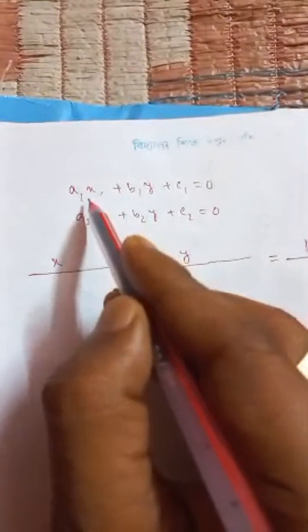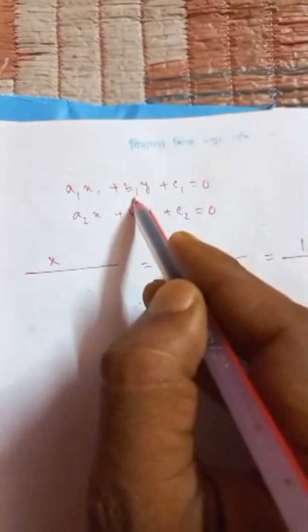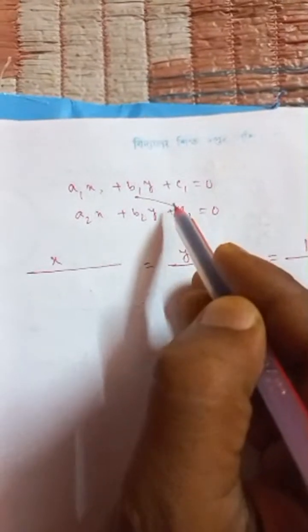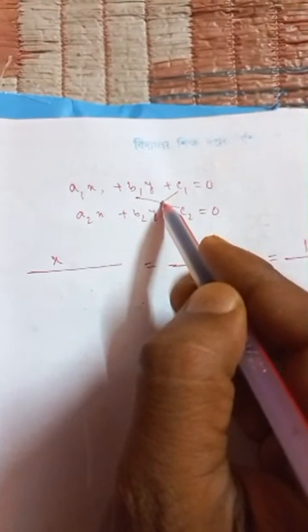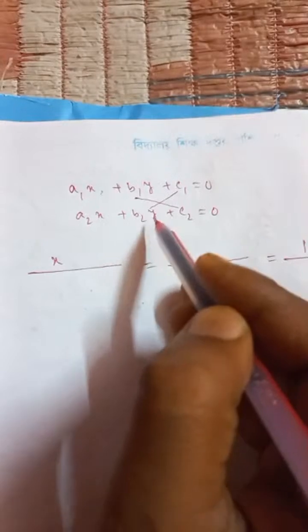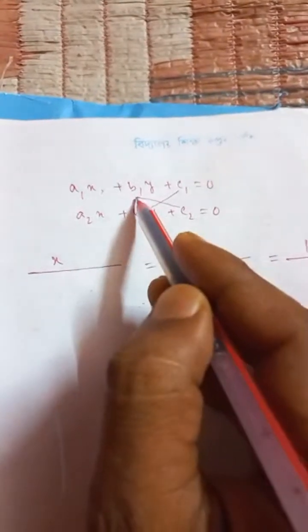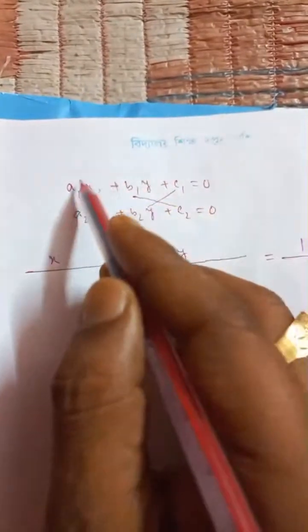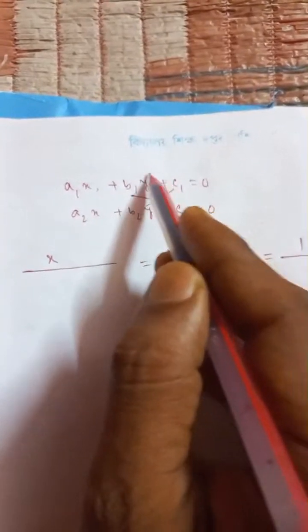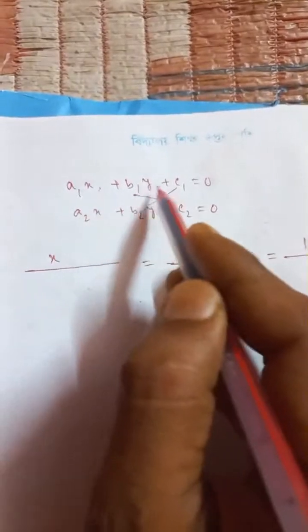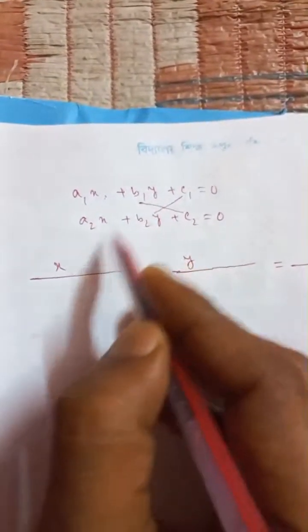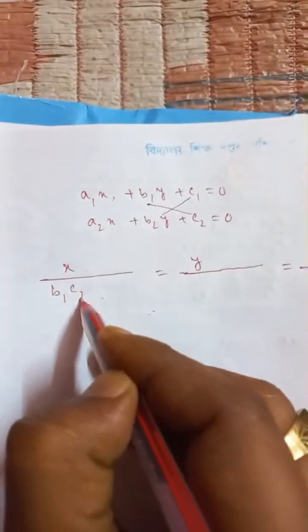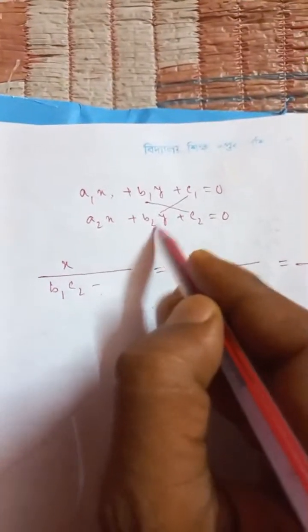We will multiply the coefficients crosswise, and later crosswise again with a subtraction sign, always taking the right clockwise direction. So this will be b1c2 minus b2c1.